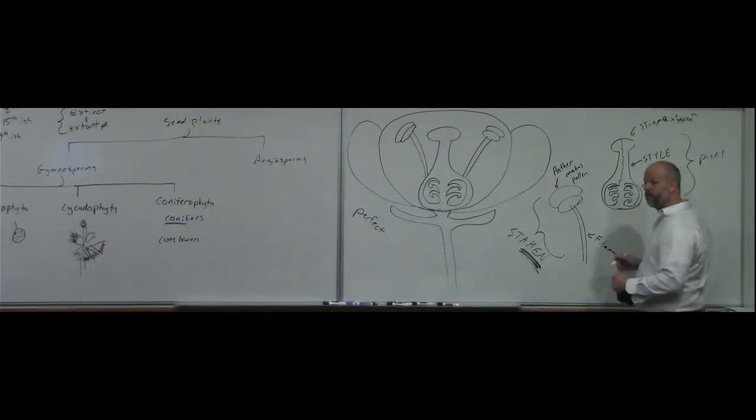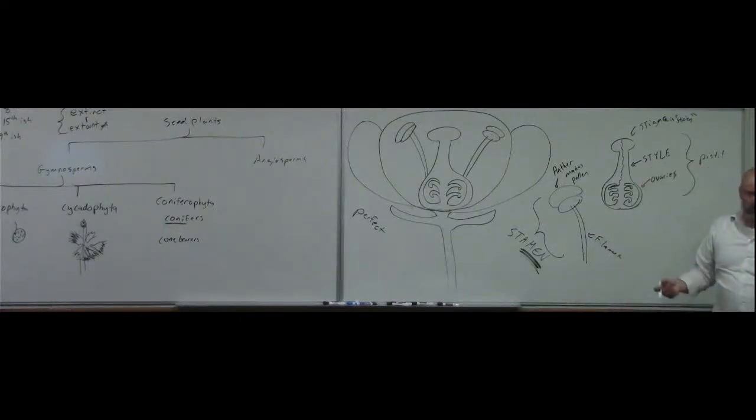And then it'll produce sperm, and the sperm will fertilize that egg. The egg will become a seed. The fruit will begin to engorge. Probably the most disgusting but fun title you can get for a fruit is an engorged ovary. Fruits are, absolutely, engorged ovaries.